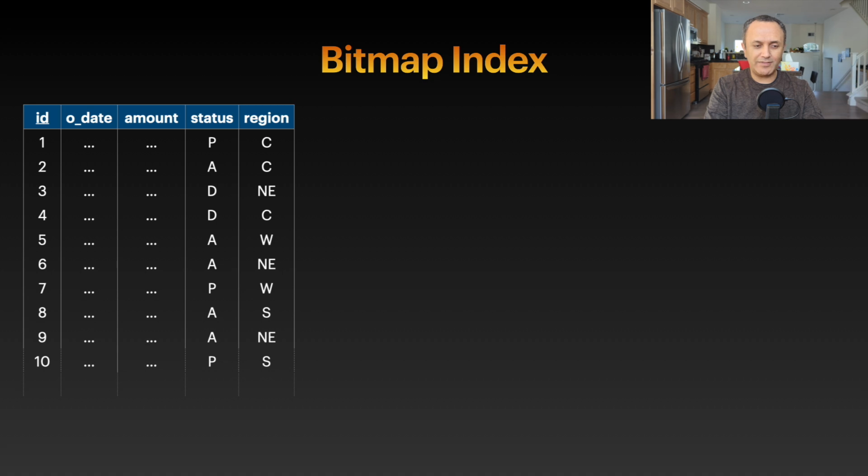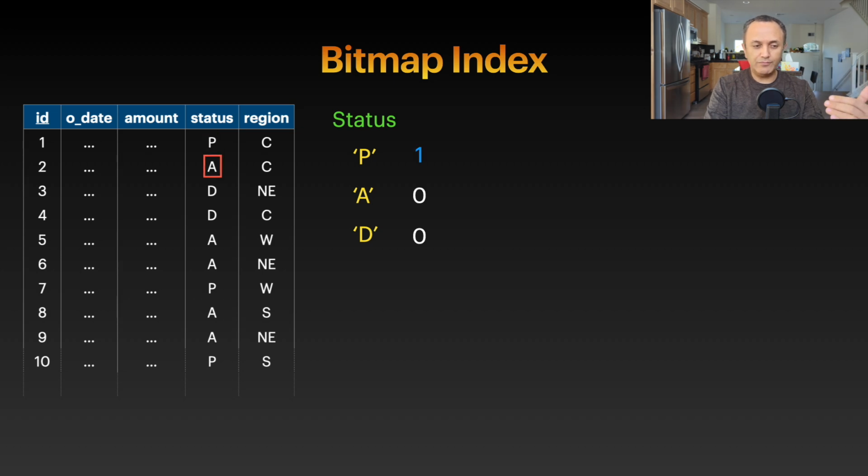So if we're looking at the status column, we have 3 values, P, A, and D: pending, approved, and denied. So we're going to start with these 3 values and start constructing the bitmap for each of these values. We start from the top of the table, first row, and then we go over each row in order. So the first row has a P. I'm going to put a 1 in the P bitmap and zeros in the other ones because this row has a P in it.